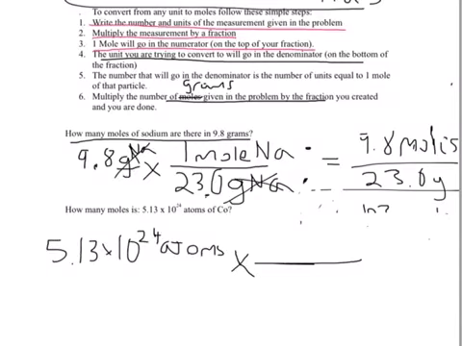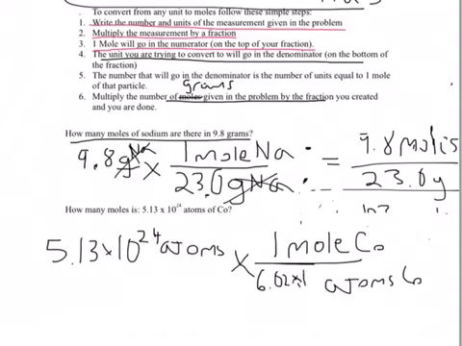1 mole is always going to go in the numerator. If I don't start with moles, then 1 mole goes in the numerator. So 1 mole of cobalt. On the bottom, I need the number of atoms of cobalt in 1 mole of cobalt, which is Avogadro's number, 6.02 times 10 to the 23rd.